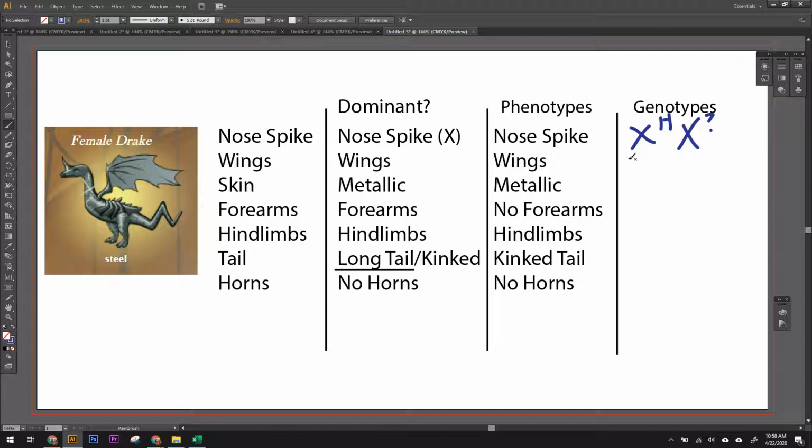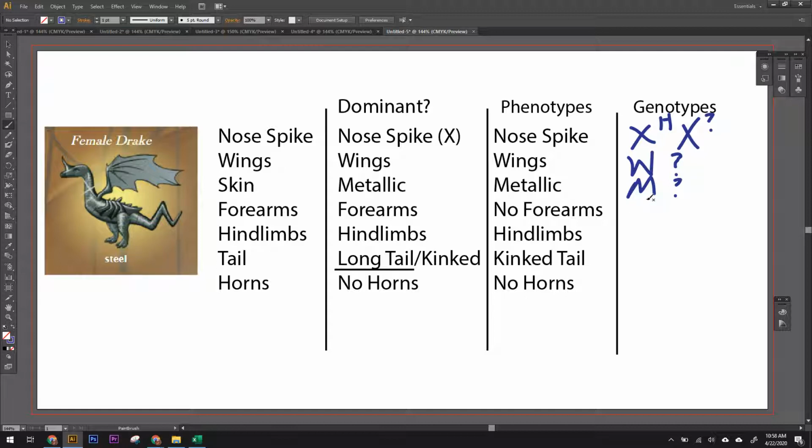Wings. So she has them. So we know that she has at least one dominant allele, but again, we don't know what the mother's other allele is. It could be recessive or it could be dominant as well. Has metallic skin. Again, uncertain of what her other one is.